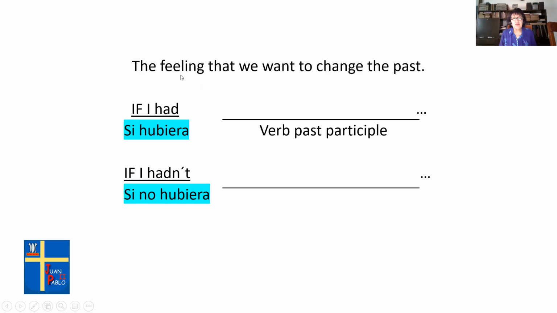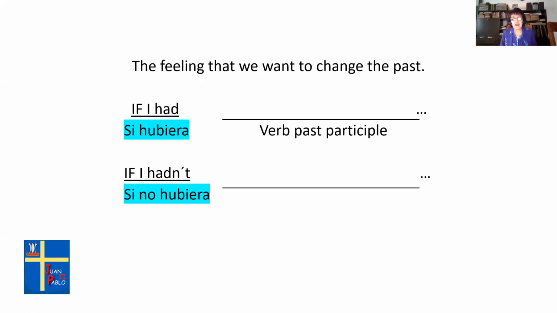So it's expressing the feeling that we want to change the past. But we all know that that is impossible. But we like to express the feeling that we want to change the past. So we use this expression, if I had, and this is in Spanish, si hubiera. Remember that even in Spanish we say, hubiera no existe.